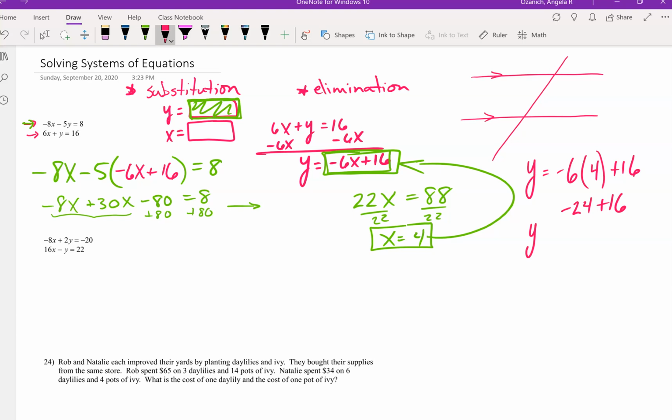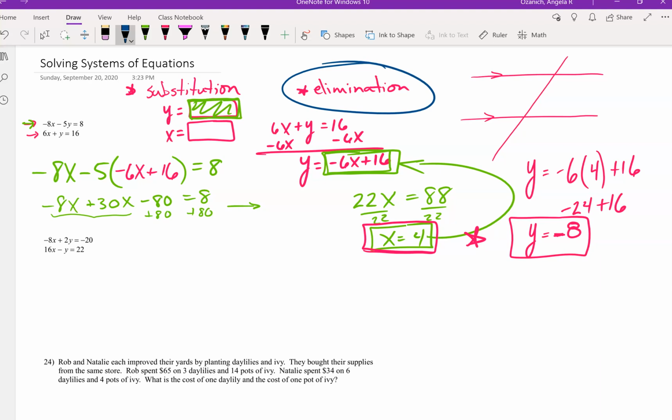It's going to be negative something. Negative 8. Hopefully you guys were thinking that. Looks about right. Okay, so once you have your value of x and your value of y, then you are finished when you're solving a system. Nicely done. All right, let's try this next little piece. This next little piece is going to be an elimination problem.